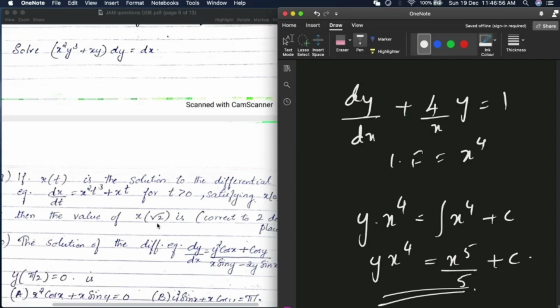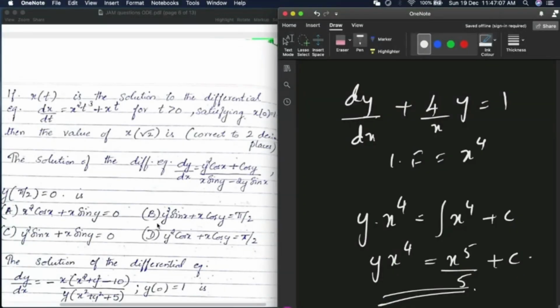Oh, this is a numerical question again. If x(t) is the solution to the differential equation dx by dt is equal to x squared t cubed plus xt for t greater than 0, satisfying x of 0 is equal to 1, then the value of x of root 2, correct to 2 decimal places.